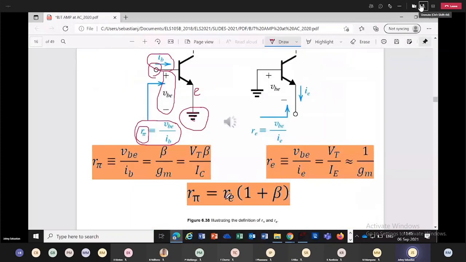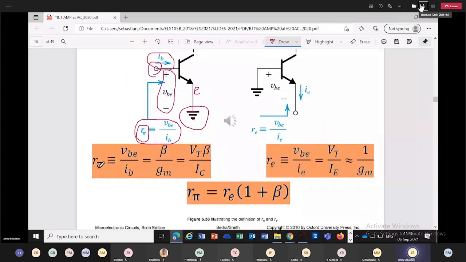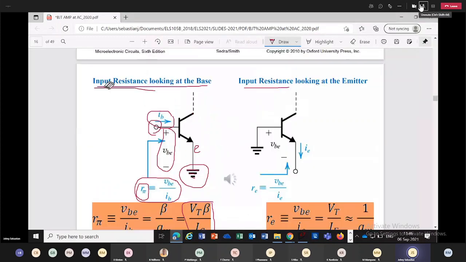There is a formula also given. You can find either beta over GM or VT times beta over IC. If you know GM already, then beta over GM will do. If you did not find GM first, then this is what we normally use: R pi is VT times beta over IC. Remember this, input resistance looking at the base is R pi.